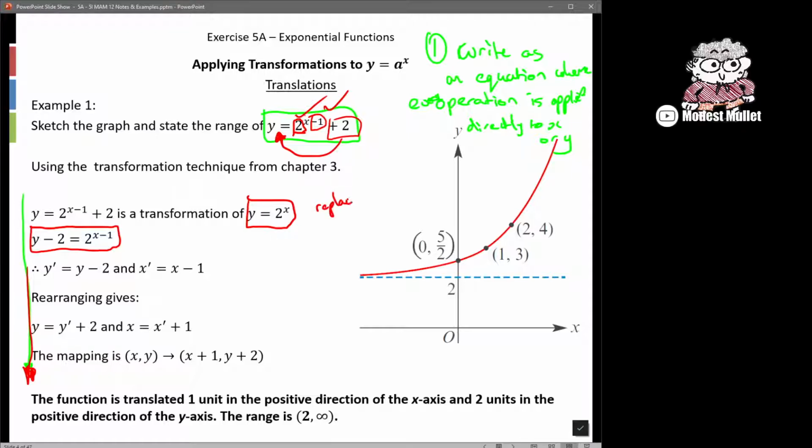I've replaced x with x minus 1, and I've also replaced y with y minus 2. So straight away I can see this is a horizontal translation plus 1 in the positive x-axis, and I can also see this is a vertical translation plus 2 in the y-axis.